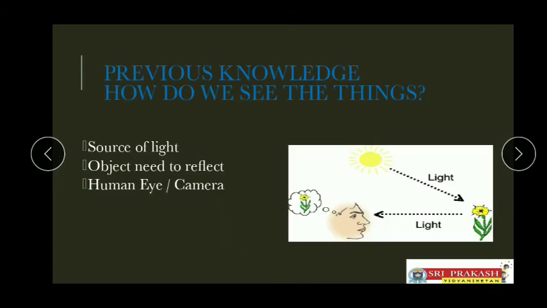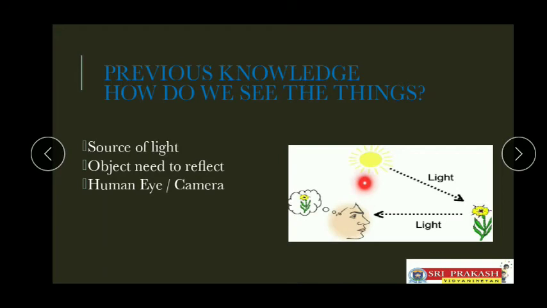Let us see how we can see things. It is called viewing science. From the source of light, the light ray falls and is incident on an object, and from the object it gets reflected, and that reflected ray will be captured by the human eye.